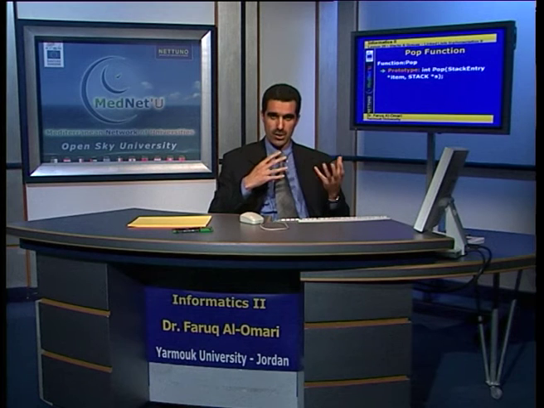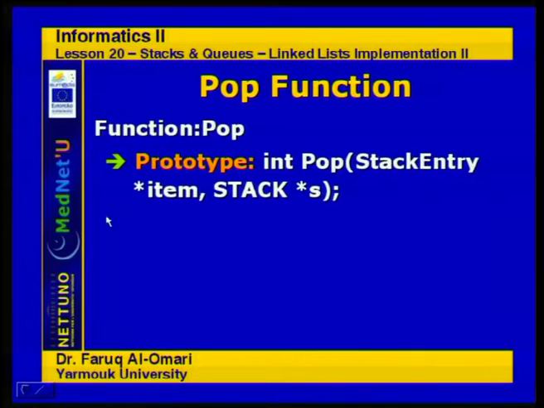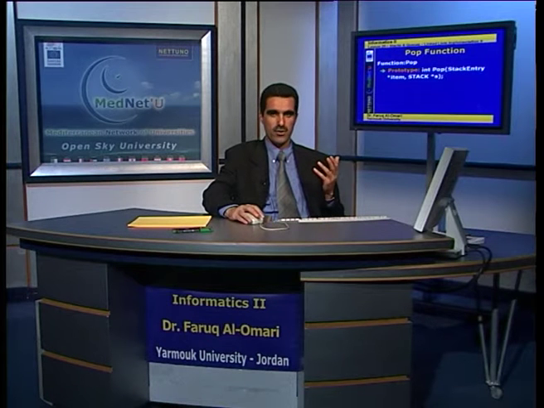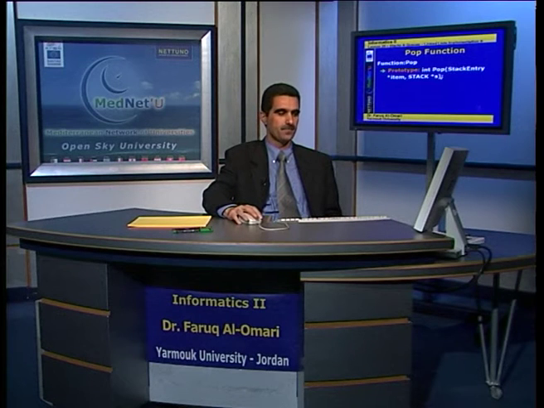And because I'm going to change its content, I had to pass it as a pointer of this type of stack entry type rather than value. Again, because we're going to change it. And then, of course, I'm passing the stack structure S, from which I'm going to retrieve the information.